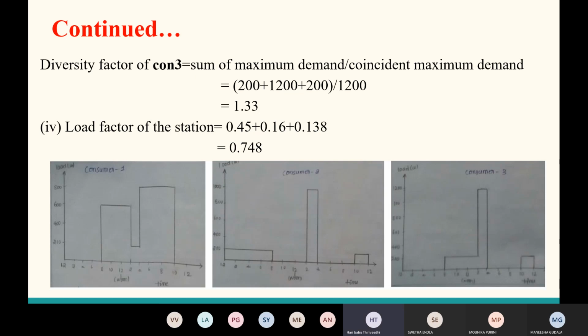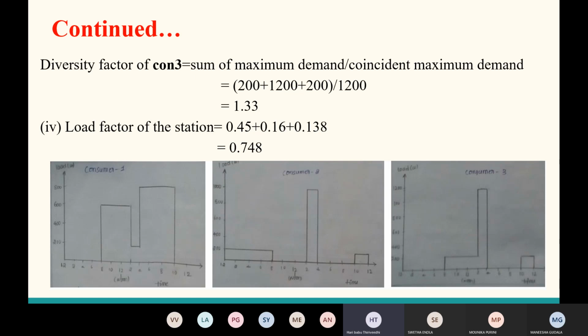Already we have found the number of units for consumer 1, consumer 2 and consumer 3: 8,800 for consumer 1, 4,000 for consumer 2, 4,000 for consumer 3.